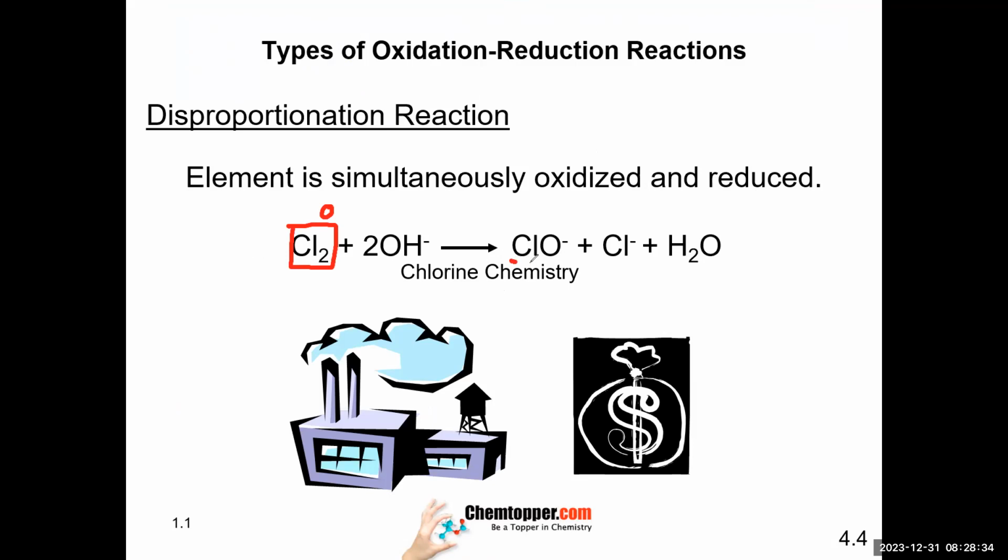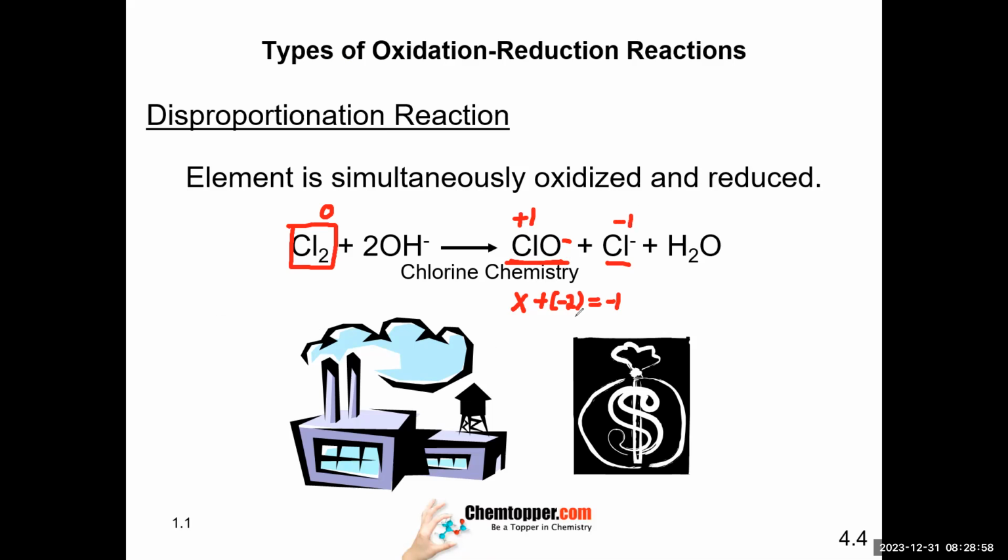What's the oxidation number of chlorine here? You can assume it as X, right? X plus minus 2 is minus 1. So what is X? Plus 1. And what is it here? Minus 1.